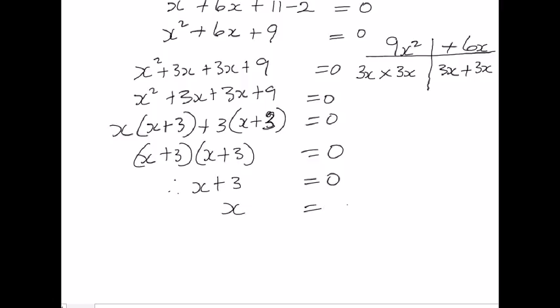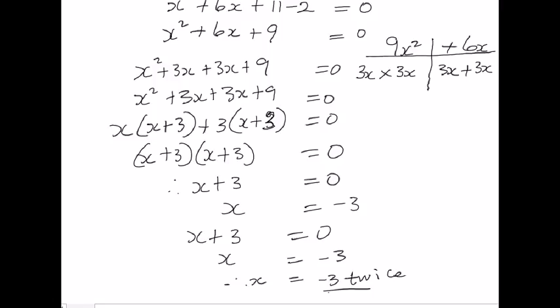Therefore x will be equals minus 3. This is plus 3. When it crosses the equal sign, it will change to minus 3. That's one. The second one is x plus 3 equals 0. Then x will be equals minus 3. It means therefore x will be equals minus 3 twice, and that's the answer.